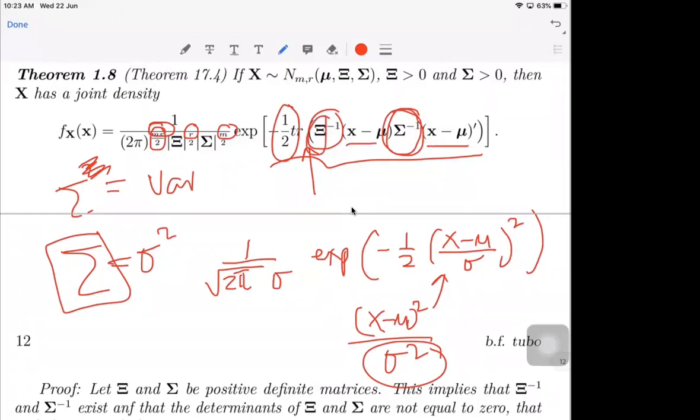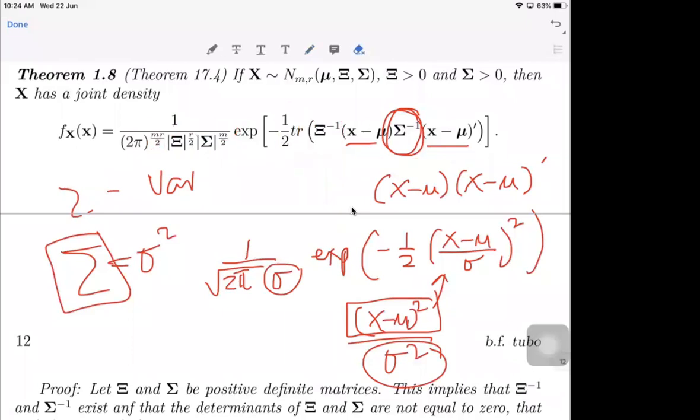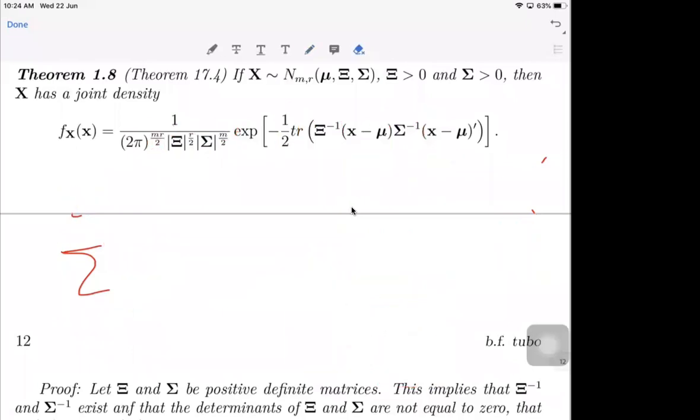In terms of matrix, kining x minus mu square will be in terms of primes, di ba? Okay? So, equivalent na siya tanan. And then, this sigma here will be sigma there. But since we are talking about matrix, it will be in terms of the determinant.